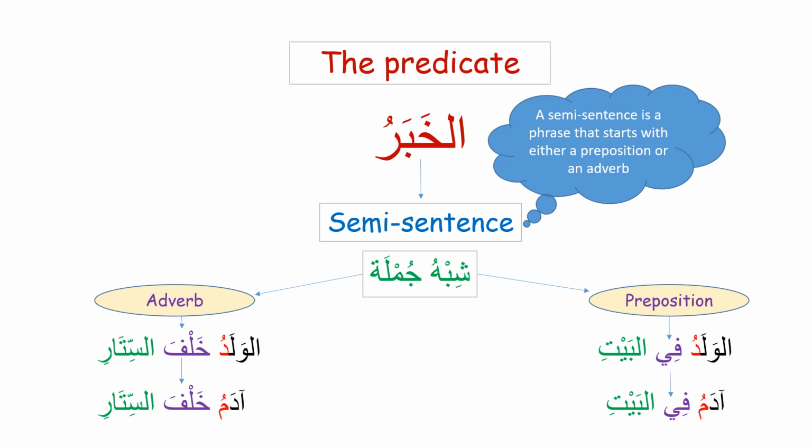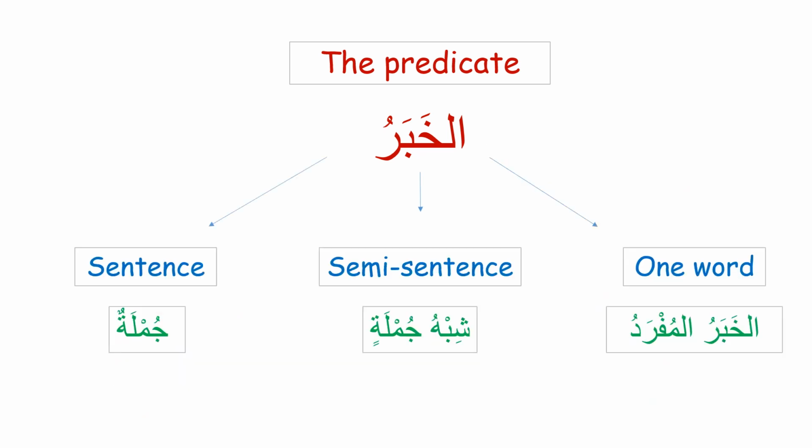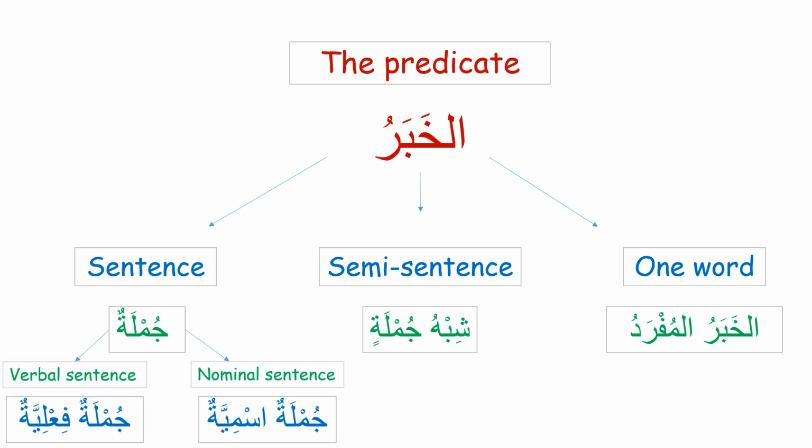Before that, let's see the last option for the predicate. Last but not least, the predicate can be a sentence, i.e. جملة, and it seems only logical for you to ask which type of sentences, and the answer is both of them. Either a nominal sentence, جملة اسمية, or a verbal sentence, جملة فعلية.